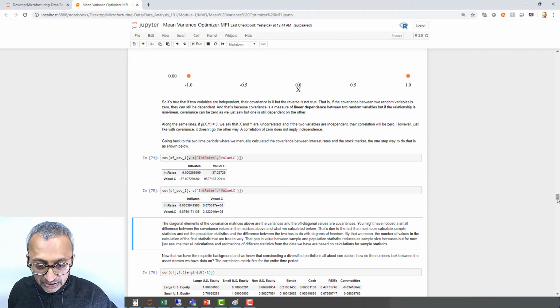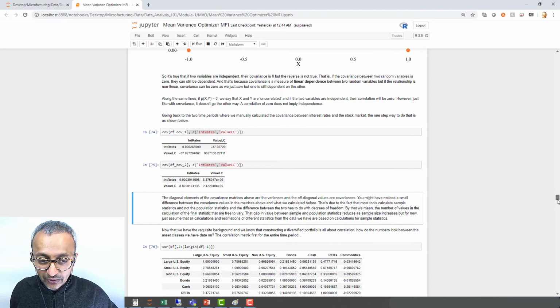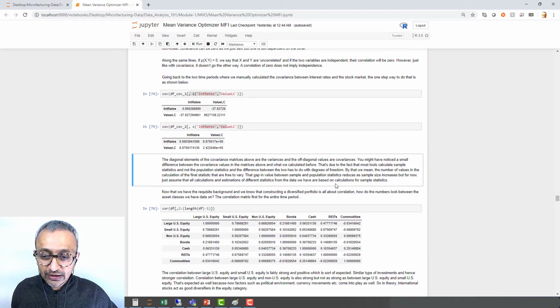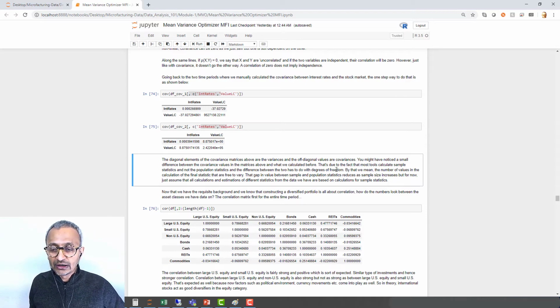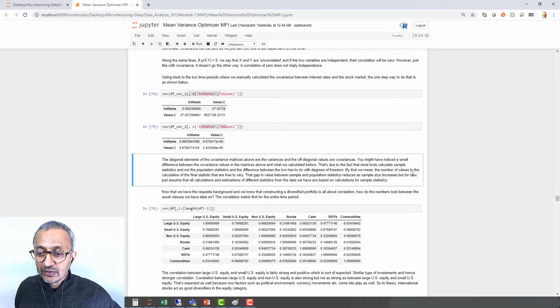All I'm trying to say here is that most tools calculate sample statistics and not population statistics, and the difference has to do with degrees of freedom, which I'm going to explain. By that we mean the number of values in the calculation of the final statistic that are free to vary. Don't put a lot of thought into it.